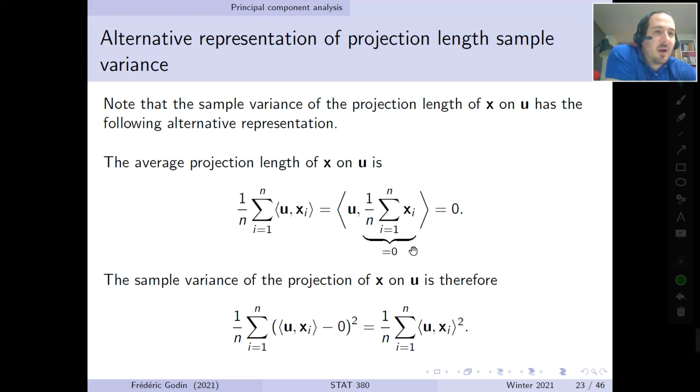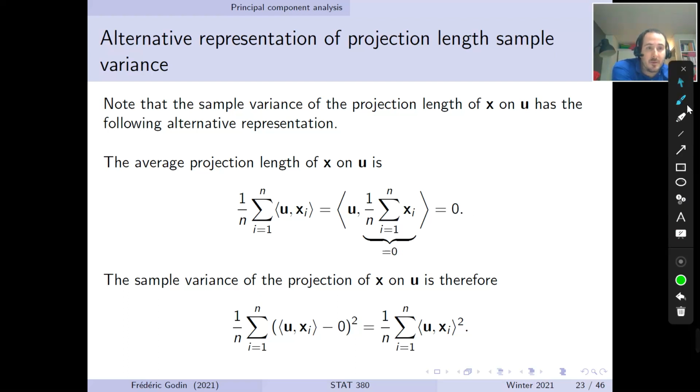You get this, and as we said, all predictors are centered. So for that reason, this is a vector of 0, and this is 0. One thing we have to notice is that the average projection length across all observations x on the vector u is always equal to 0.